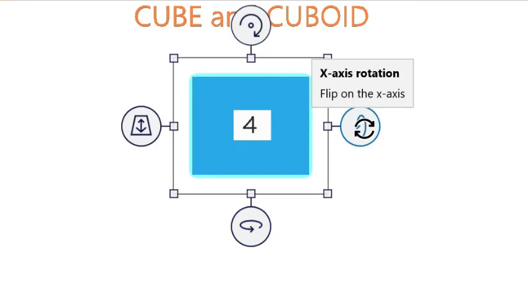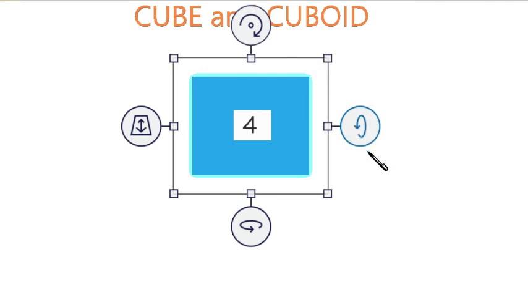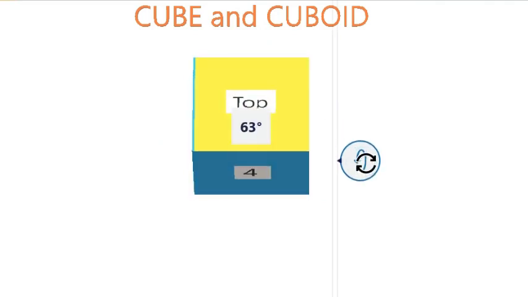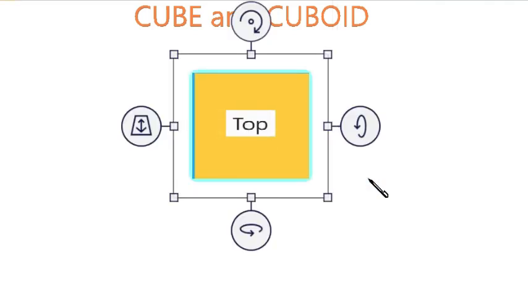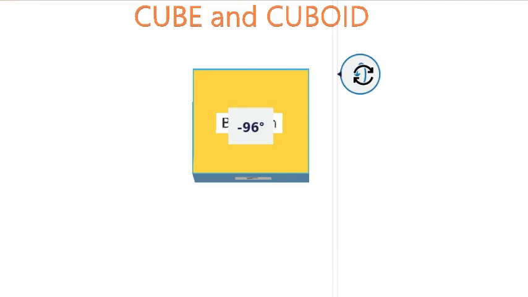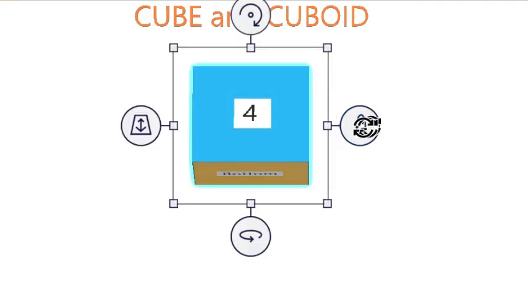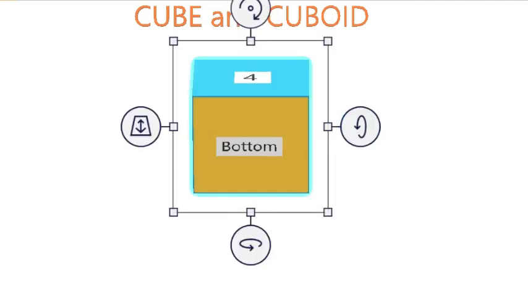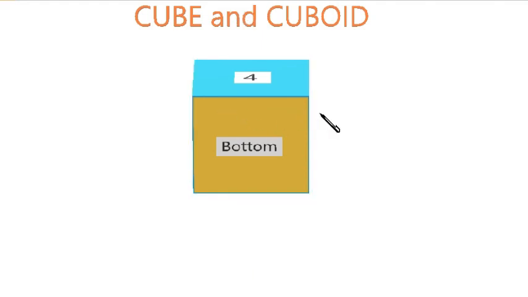Now we give an x-axis rotation. Okay, we give a flip on the x-axis and we see what we have. You have a top surface out there, and then you also have a bottom surface, right? So a total of 6 surfaces. As I said, there are 6 squares, and a square's area is s square, side square.